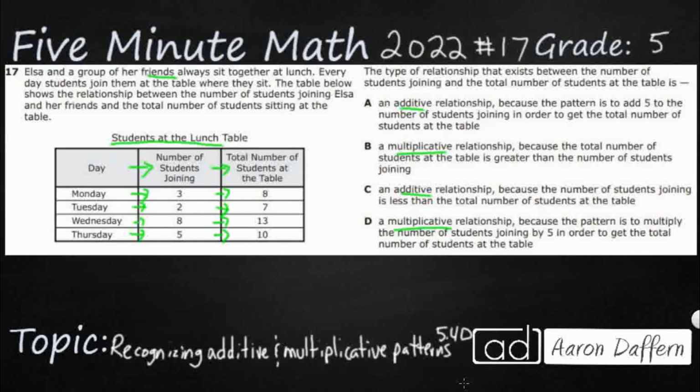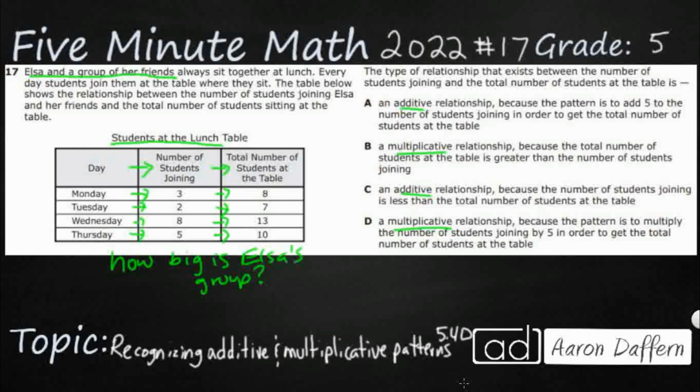So Elsa and a group of her friends. That's what I'm wondering: how big is Elsa's group? I think that's what we're supposed to figure out. They didn't quite ask it exactly like that, but we've always got Elsa's group, and then you add some more kiddos, and then you get the total number.